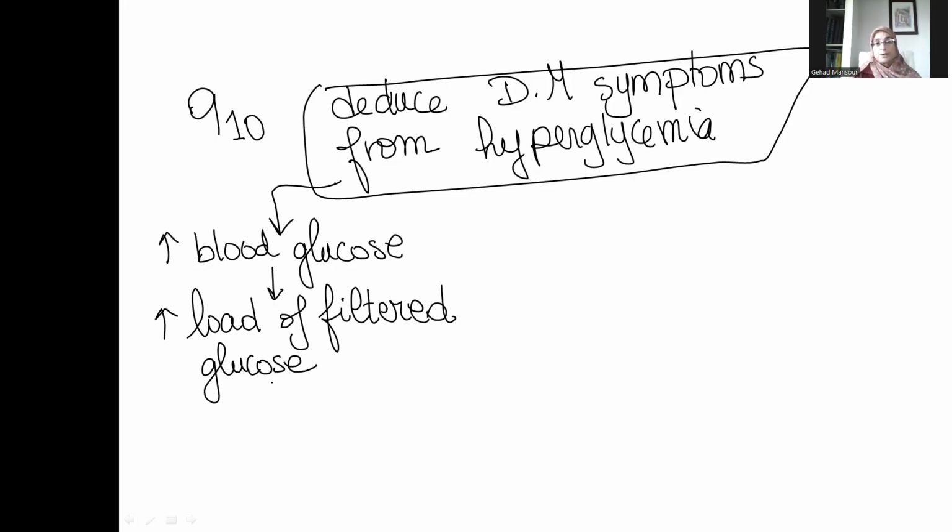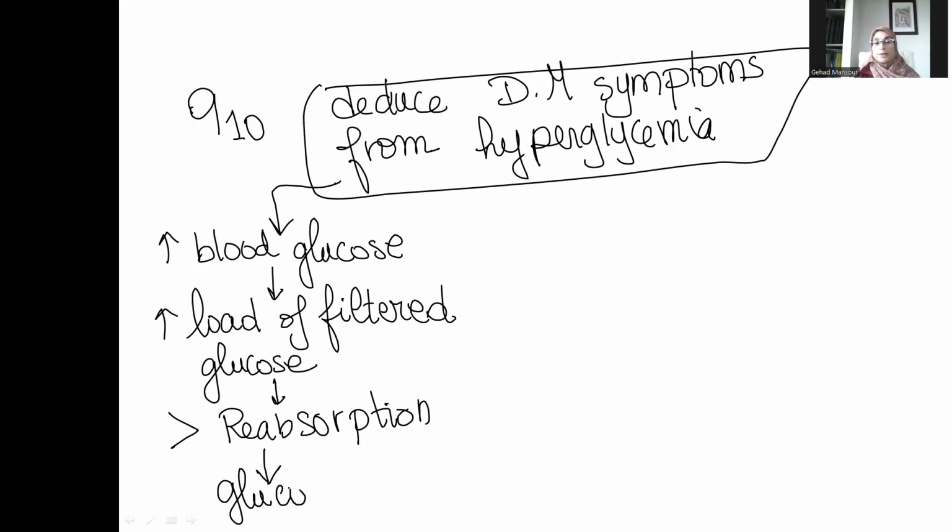If the load is markedly increased, then it would be more than the reabsorption capacity of the renal tubules, and therefore glucose will appear in urine because not 100% of it is reabsorbed. So you will have glucose in urine. Glucose in urine is glucosuria.